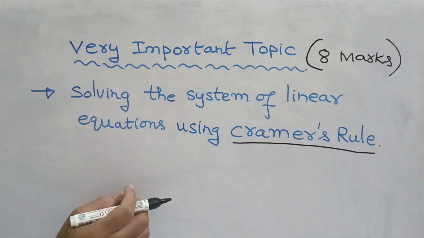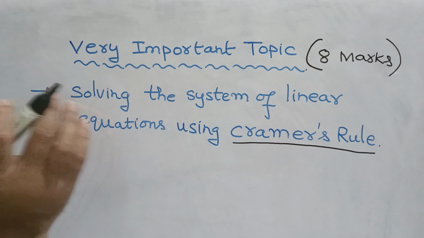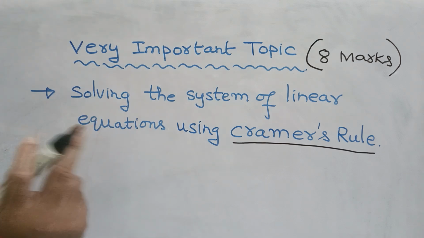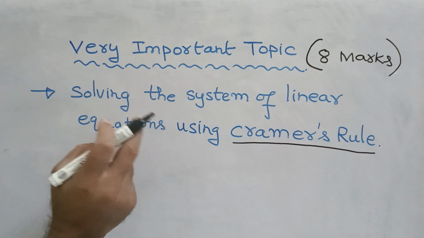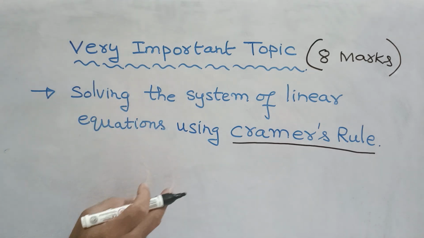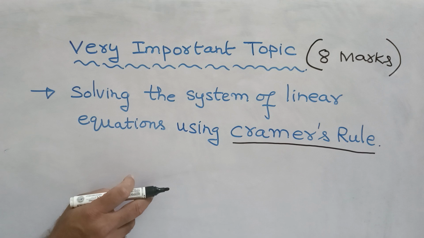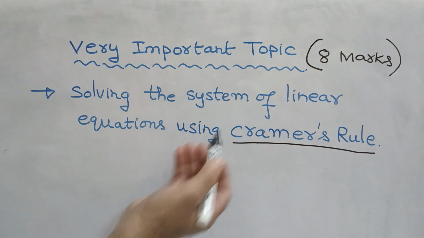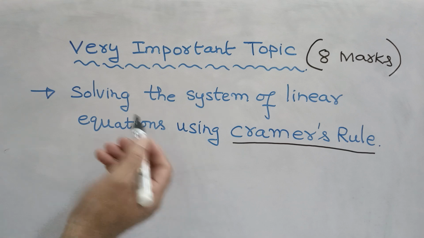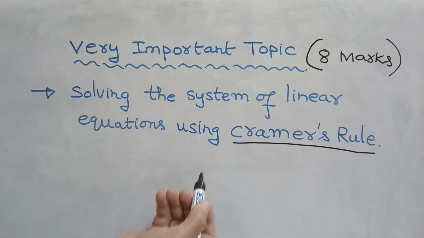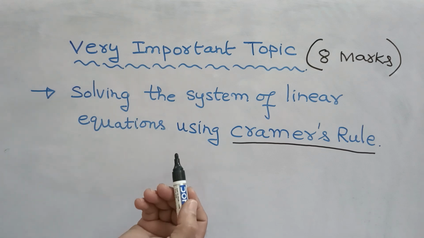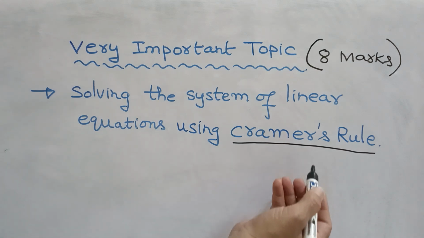Very important. So definitely you will get one question based on this topic in your Engineering Mathematics 1, especially for the diploma students. So what is a system of linear equations, and what is to be solved? We have to solve the given equations by using Cramer's rule.